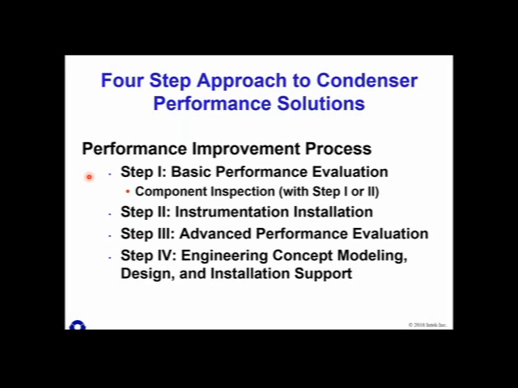Step 1 is a basic performance evaluation, using all of the techniques that we went through yesterday to validate your measurements, get a baseline performance measurement, and make recommendations for improving instrumentation. Then, if it's justifiable, improving instrumentation, instrumenting areas where there's value, would be step 2. Step 3 would be to do another advanced performance evaluation using test grade instruments.